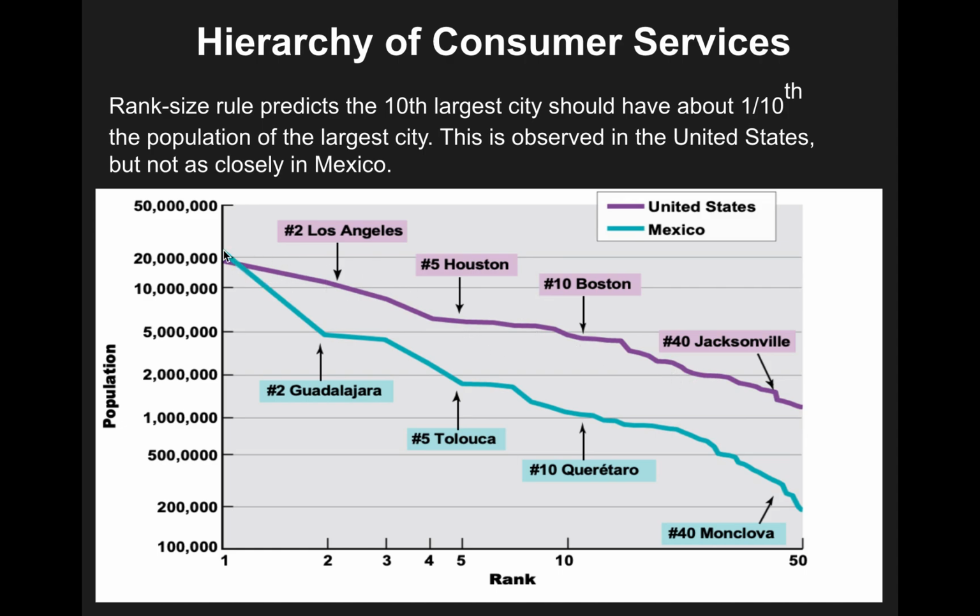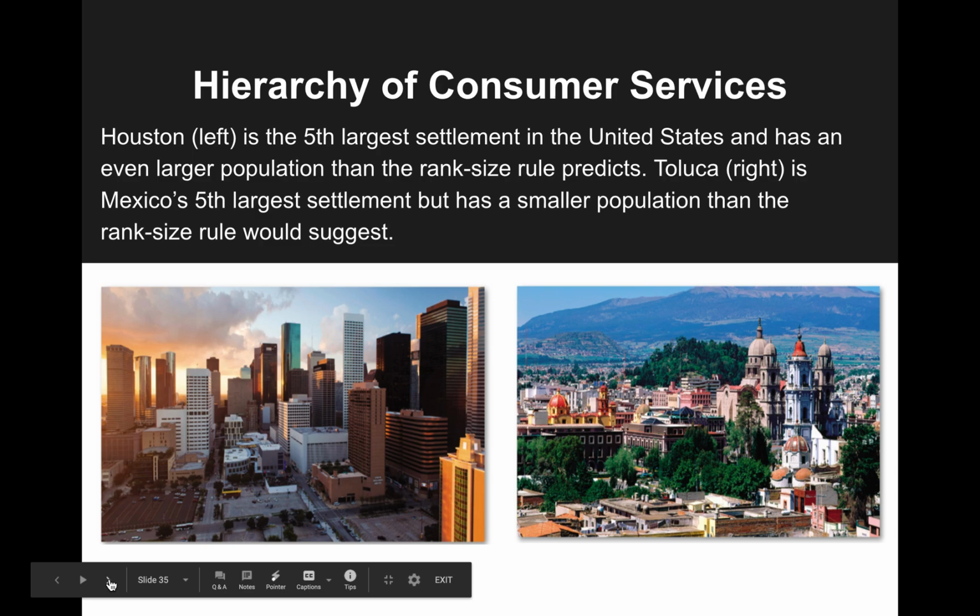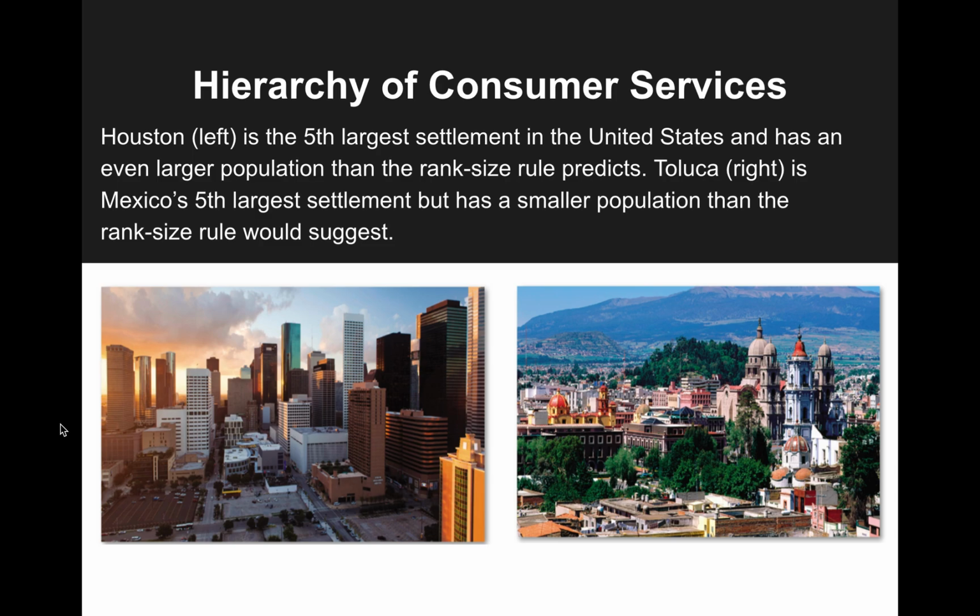We look at Mexico, we can see Mexico follows the primate city rule. Over 20 million is their largest city of Mexico City, and their second largest city is below 5 million. So Mexico City is nearly 4 times the population size of Guadalajara. With this rank size rule, we look at the hierarchy of consumer services.